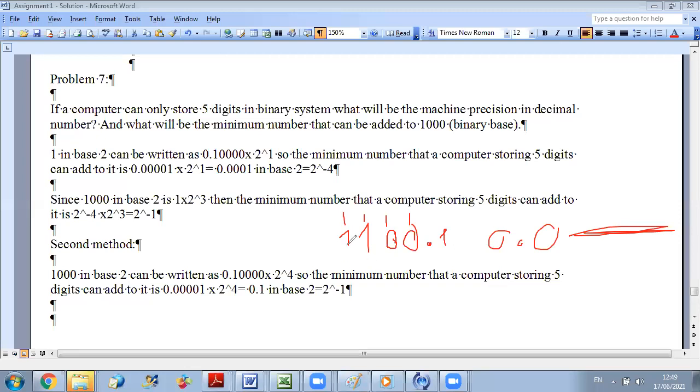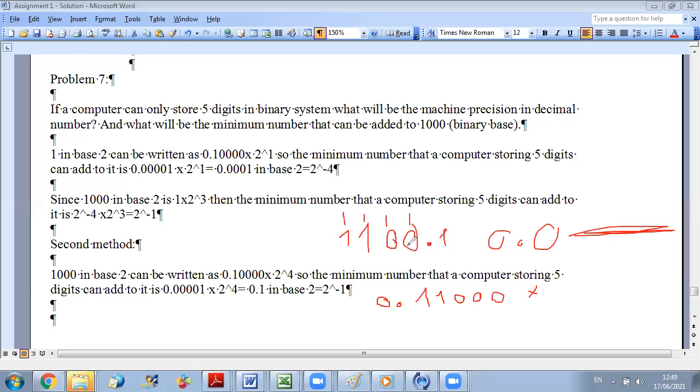Why? Because if I want to write 1100 in standard form, it will be 0.11000 times 2 to the power 1 2 3 4.